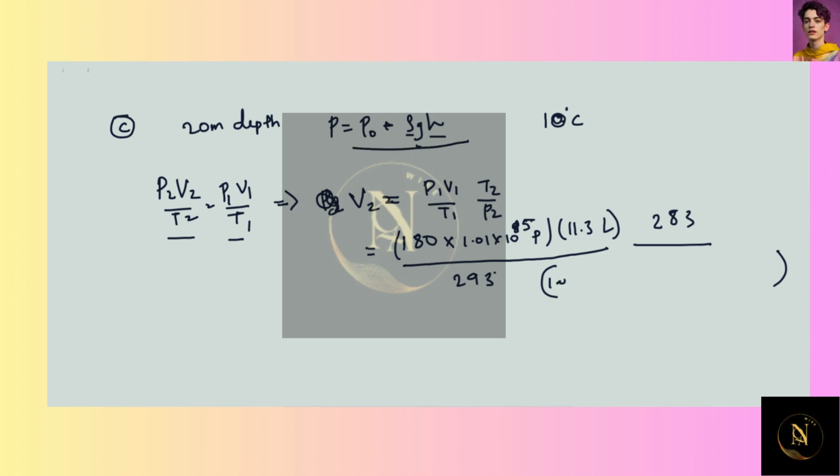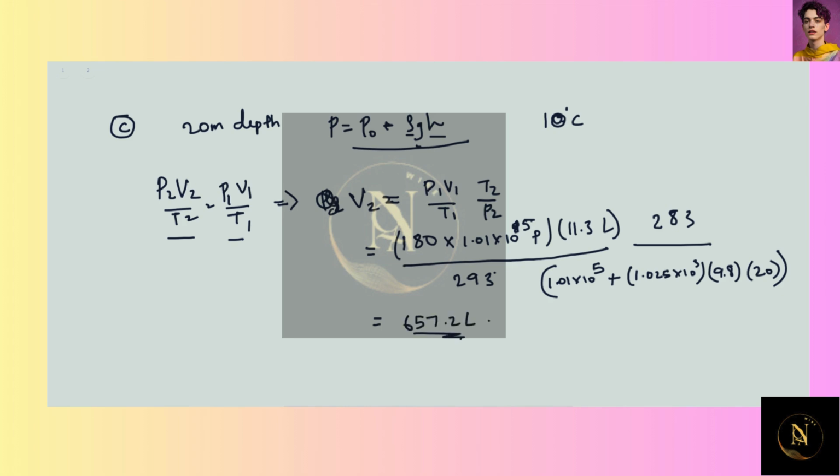We know that P naught is 1.01 times 10 power 5 pascals, which is 1 atmosphere, plus rho, the density of water, which is 1.025 times 10 cube kg per meter cube, times 9.8 as g, and h is 20 meters. This whole thing, when you substitute into a calculator, turns out to be 657.2 liters.